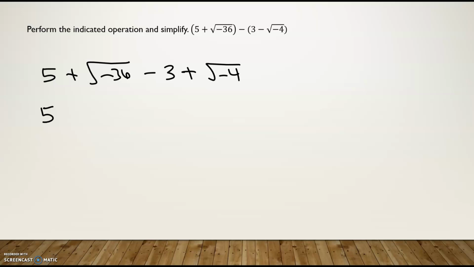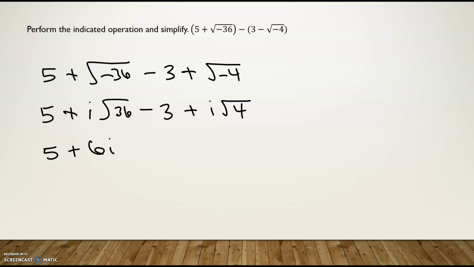So 5, and this is going to be plus, I'm going to take an i out for the negative, i square root of 36, minus 3 plus, I'm going to take an i out for that square root of 4, and then i times the square root of 36 is just 6, so this is 6i, minus 3 plus, and then the square root of 4 is just 2, so plus 2i.